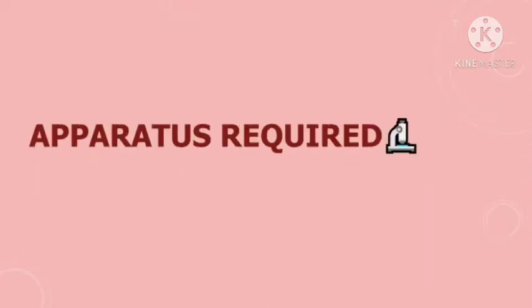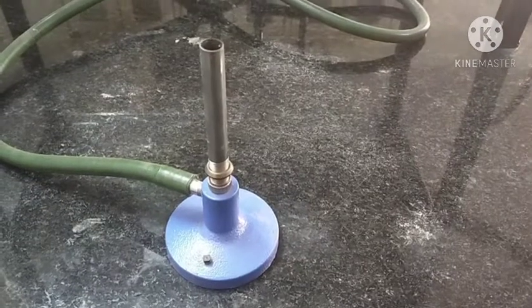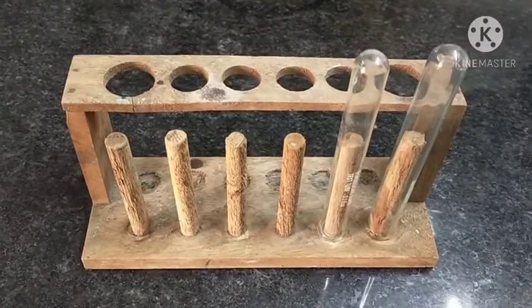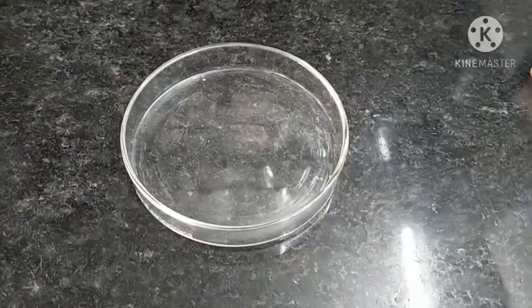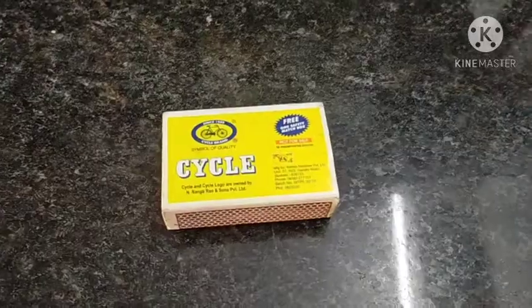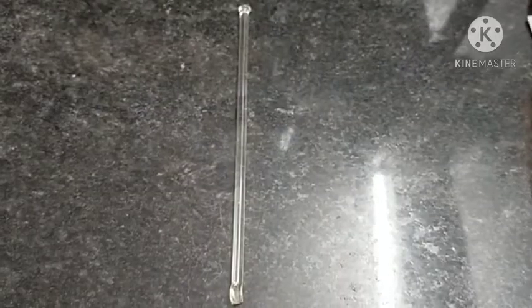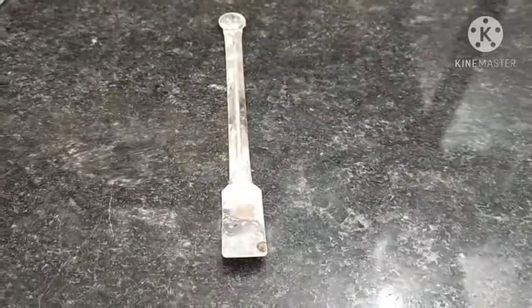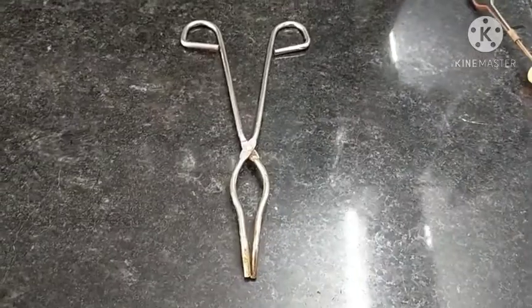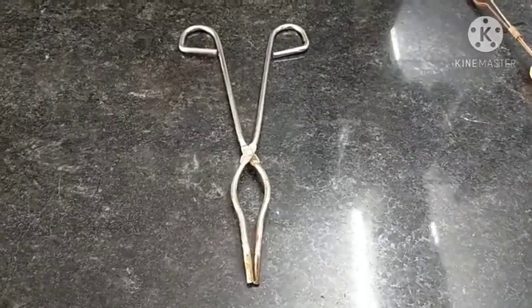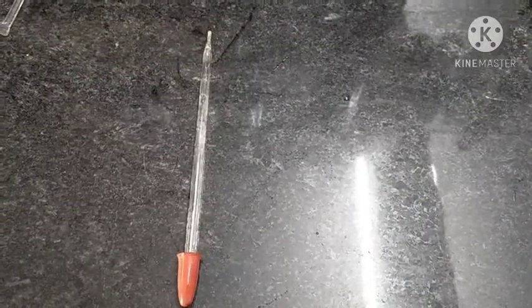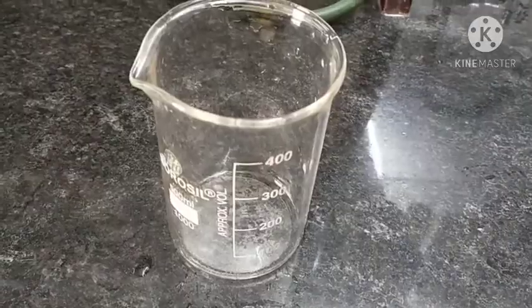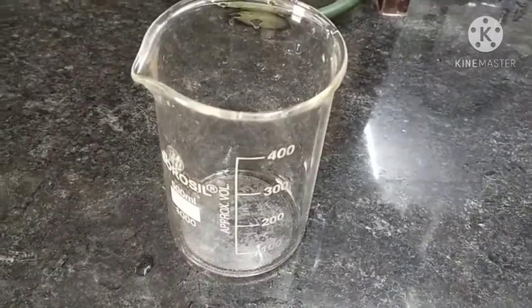The apparatus required to perform this experiment are a burner, test tube and test tube stand, one petri dish, matchbox, one glass rod, one spatula, a pair of tongs, one dropper, and lastly a beaker.